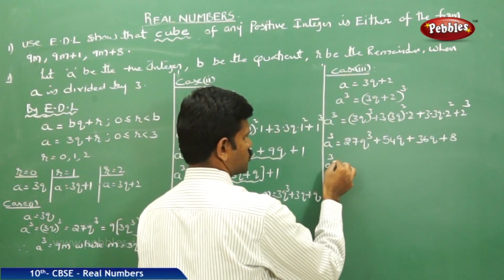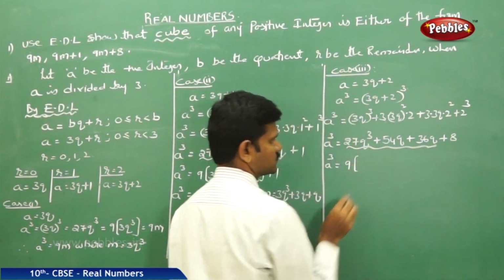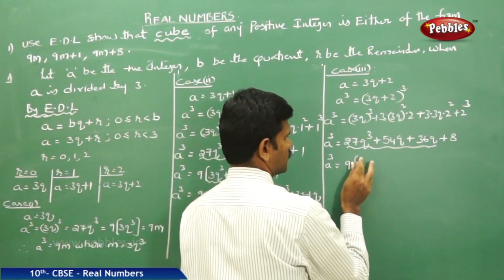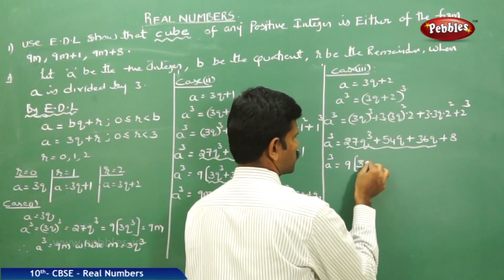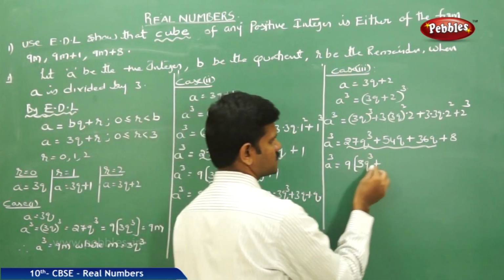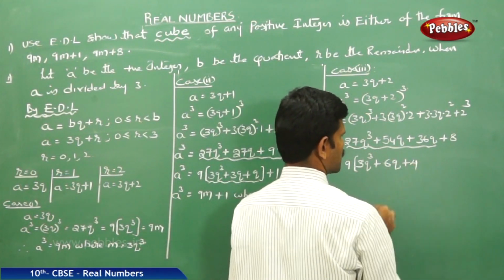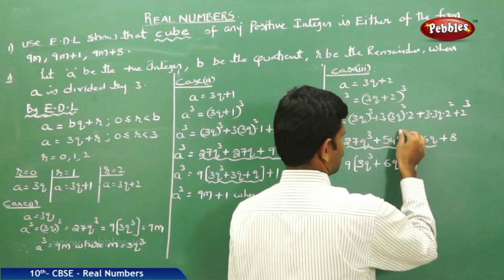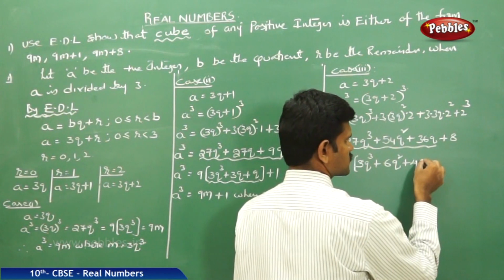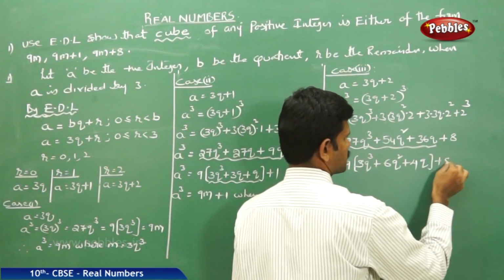That is, a cube is equal to, from here to here, please take 9 common. If you take 9 common, the rest parts are 3q cube plus, next 9 6s are 54, 6q square, 9 4s are 36, 4q, plus 8.